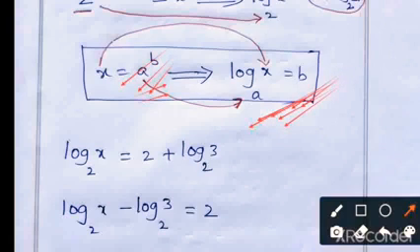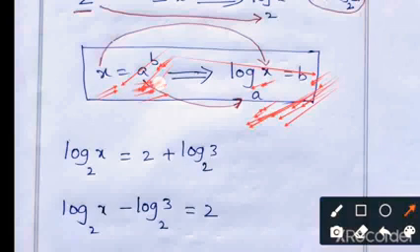So how can we change this? Here a is the base, and in logarithmic form also a is called the base. The place of a in both forms is the base place, and b is the exponent place. b should be settled after is equal to, and x should be settled near log.